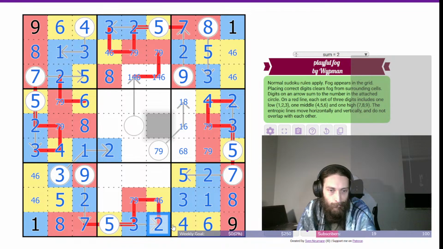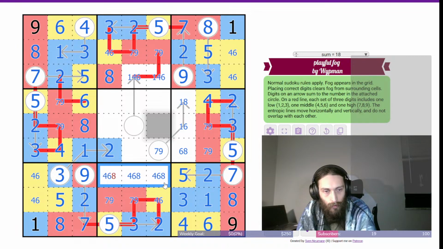Row 9 is resolvable. Another 7, 9 to finish off the row. 8, 4, 6, and 1.